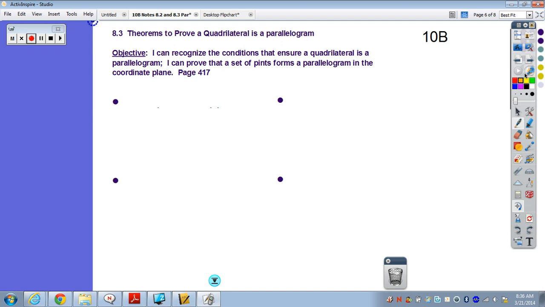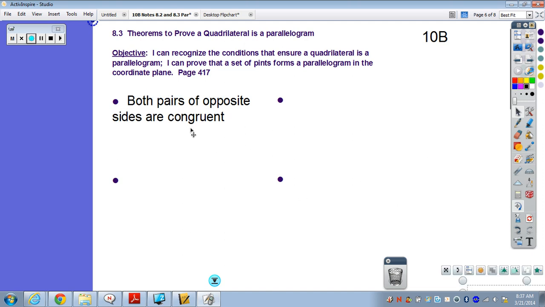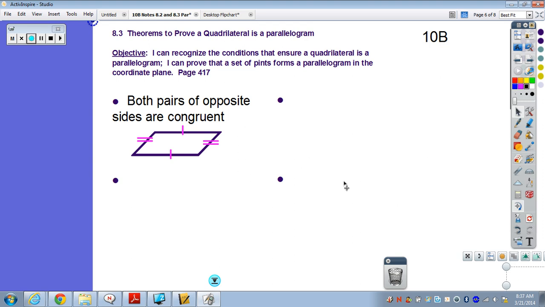Okay, the second part of the notes is we're going to figure out if we're given a four-sided figure, how do we know this quadrilateral is a parallelogram? So there are 4 ways to determine if you have a parallelogram. So the first way, if both pairs of opposite sides are congruent, then you have to have a parallelogram.